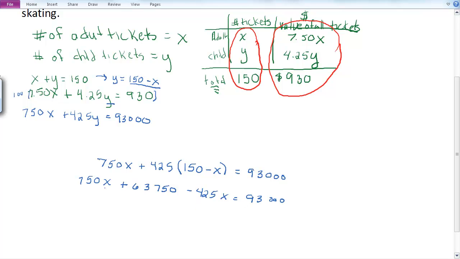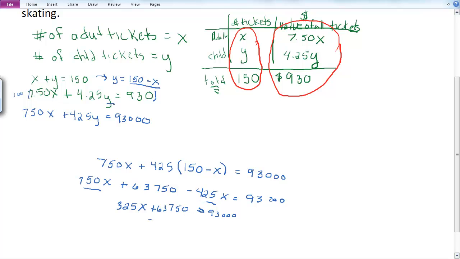So we keep solving. We combine like terms. So 750 minus 425 gives me 325x plus 63,750 equals 93,000.